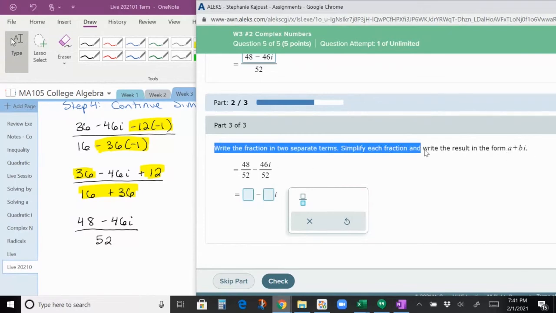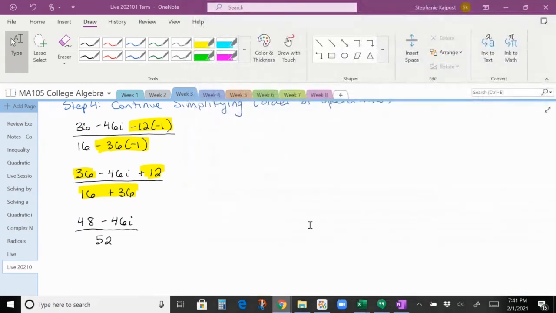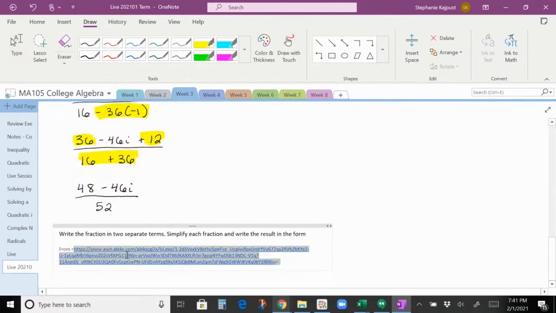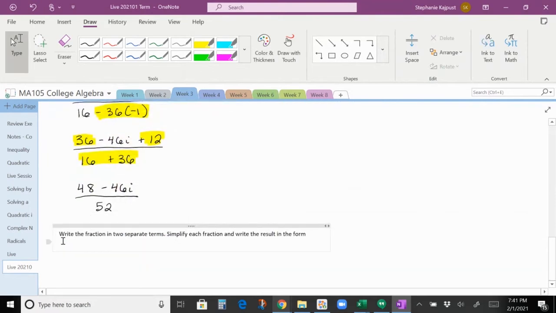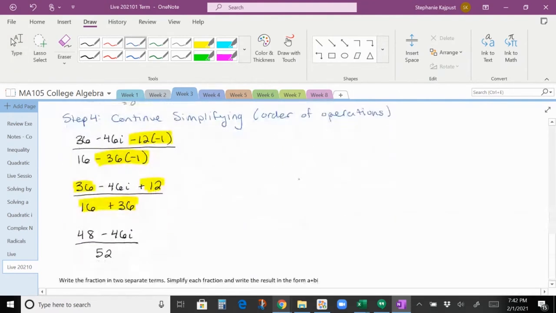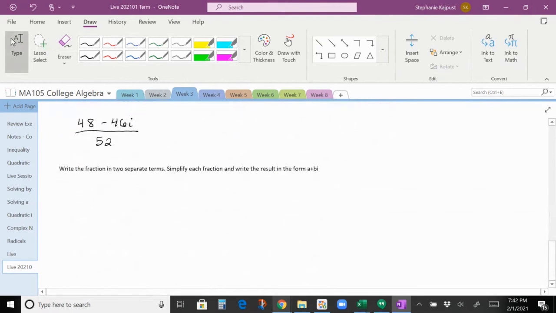So that is the next step. I'm going to copy those directions. If I'm following my step numbers, that was step 4, so now we're on step 5.